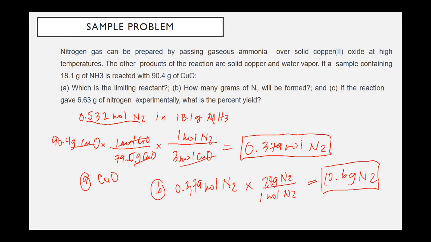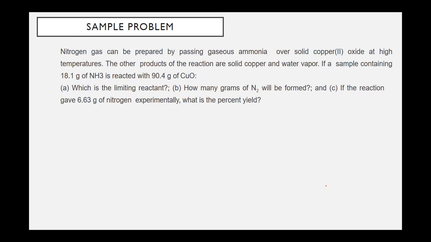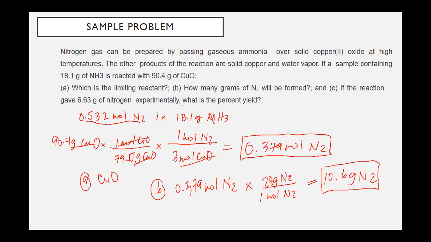Sabi naman, if the reaction gave 6.63 grams of nitrogen experimentally, what is the percent yield? So, percent yield natin ay equivalent to actual yield over theoretical yield. So balikan natin.